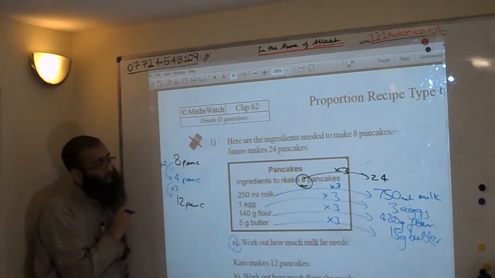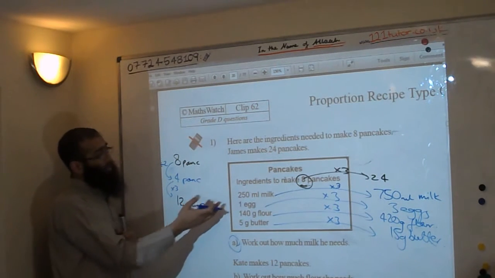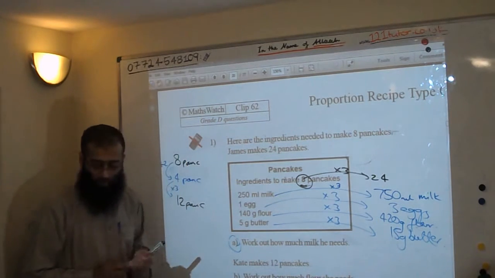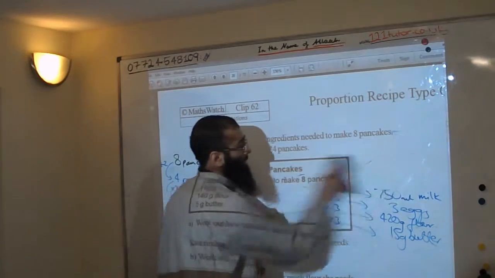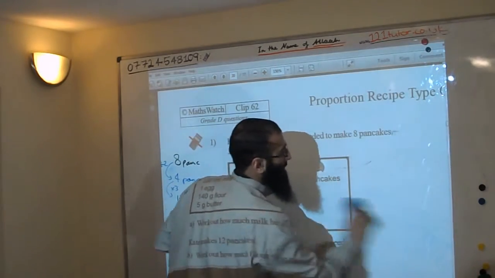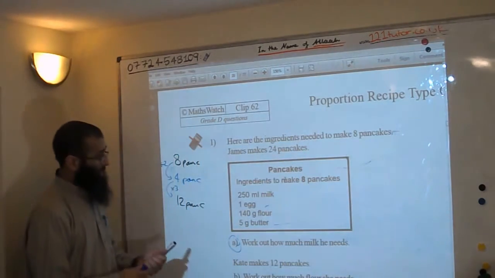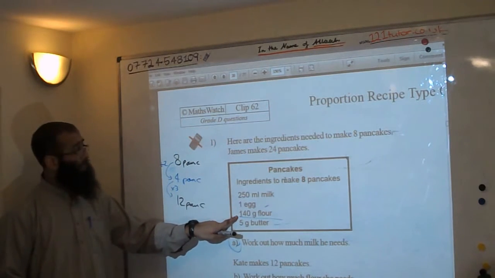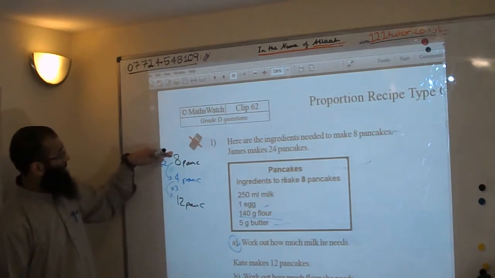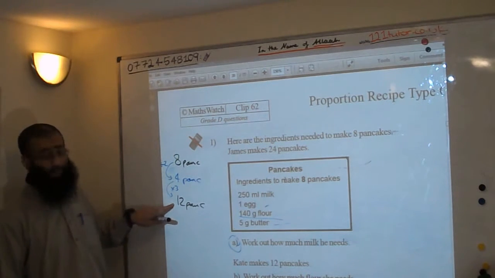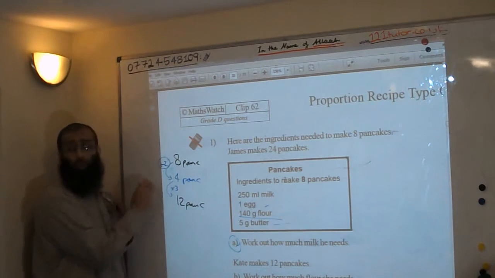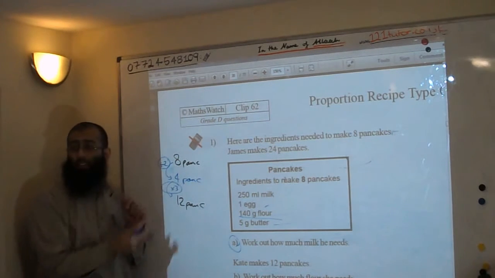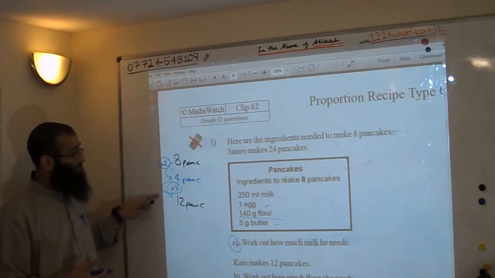So what we can do here, with all of these ingredients, is work out how much flour she needs. I'm just going to quickly rub this off for the moment. So the flour is over here. I need to get from 140 grams of flour for 8 pancakes to 12 pancakes by dividing by 2, or you could divide by 2 and then add the 2 up. But I'm going to use this method now.